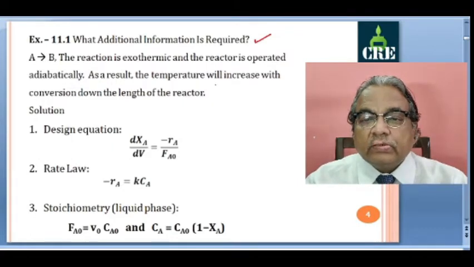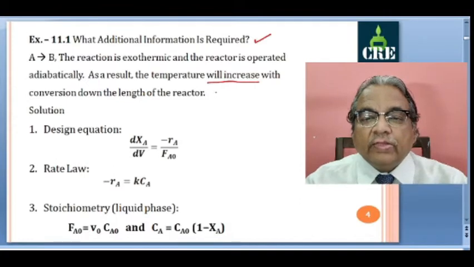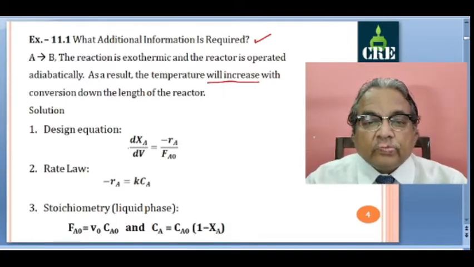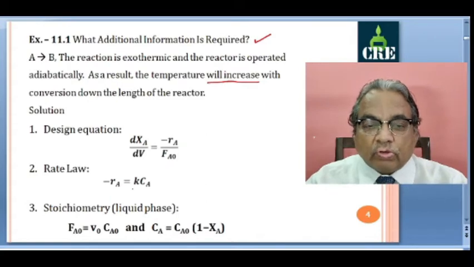As a result, as the reaction is exothermic, the temperature will increase with the conversion along the length of the reactor, if I am considering a plug flow reactor. So the design equation is dXA/dV = -rA/FA0 for the integral reactor, that is the plug flow reactor. Here you will integrate and you can solve further.